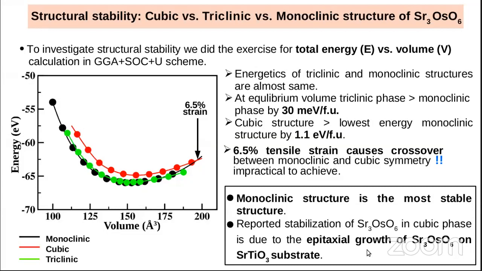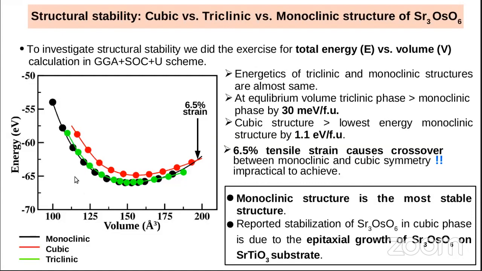Next, to investigate this crystal structure matter in more detail, we did a structural stability calculation, cubic versus monoclinic versus triclinic. To do so, we did a total energy E versus volume calculation in the GGA plus SOC plus U scheme. In this figure, black represents the monoclinic one, green is for triclinic, and red is for the cubic structure.